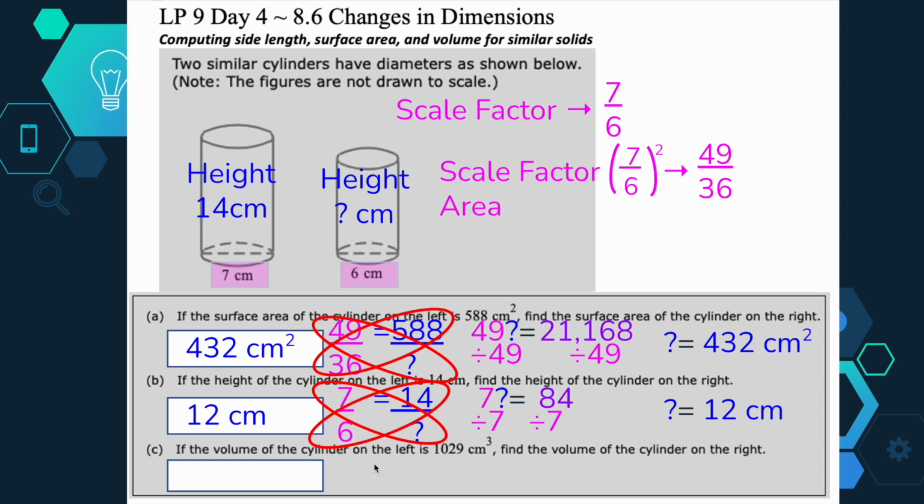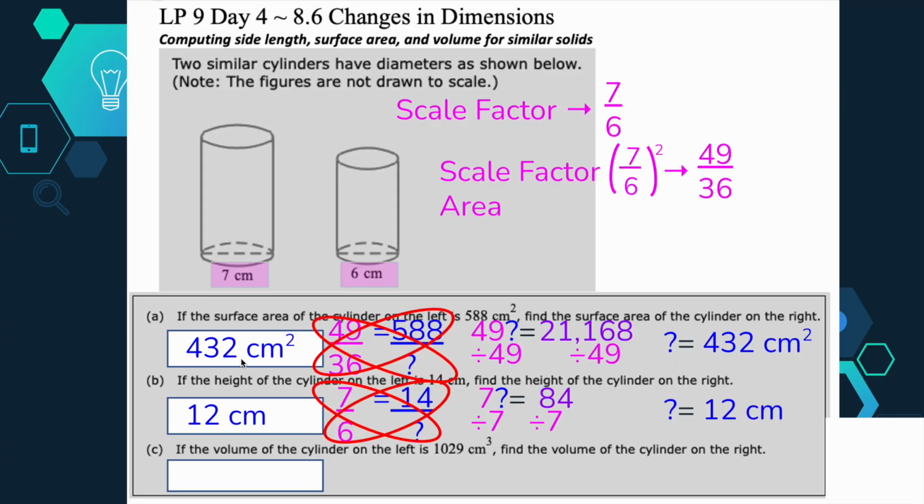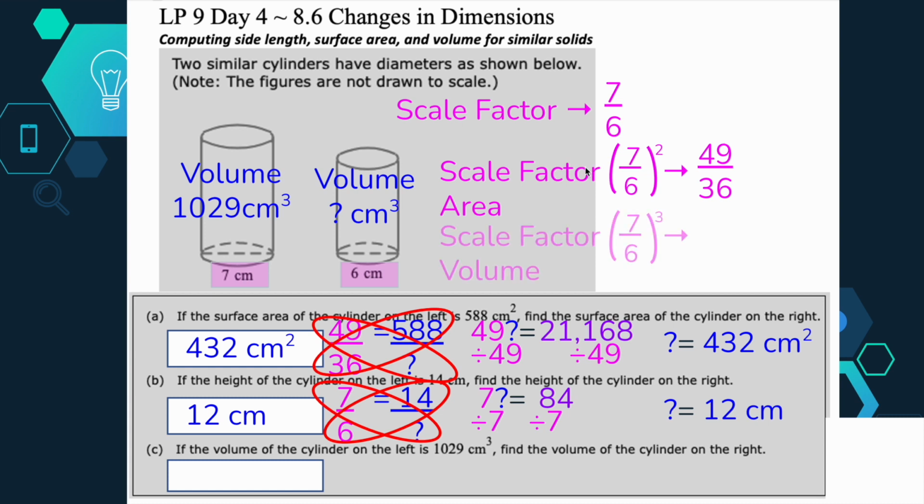It says, if the volume of the cylinder on the left is 1,029 centimeters cubed, find the volume of the cylinder on the right. So now we're going to take into account that we have volumes here. Now I know the scale factor of lengths, I know the scale factor of area, but now I need to do the scale factor of volume. I have to cube that original scale factor.